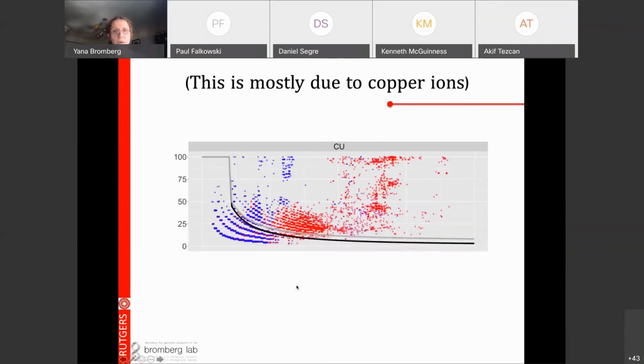And if I blow up the copper, you see that it's over here in the top left corner that you're seeing issues. So I actually went in and explored the reason why this happens. And this is an interesting thing in itself. But what I observed is that the PDB, which is where we got our data from, has a lot of mutagenesis studies on the movements of ions throughout the structure. And there is a bunch of structures that have a copper specifically fixed in a different position than it would have to have been for natural activity.